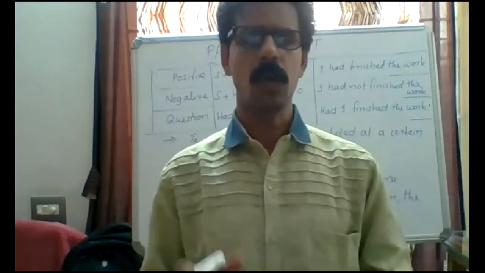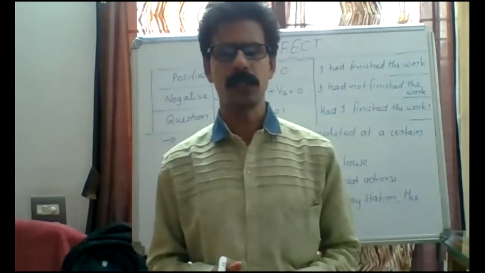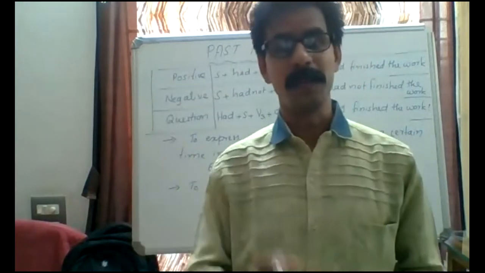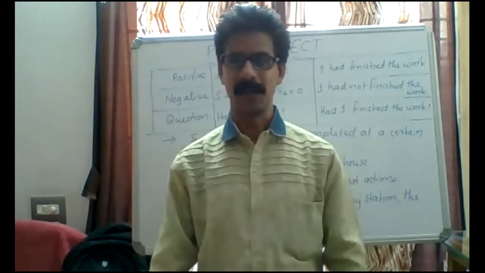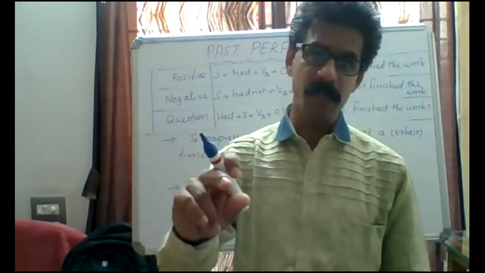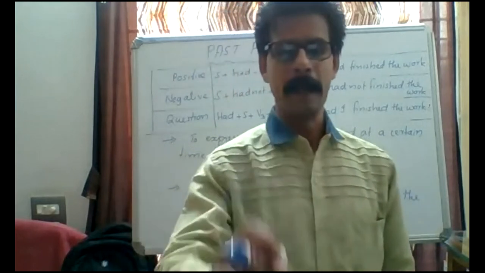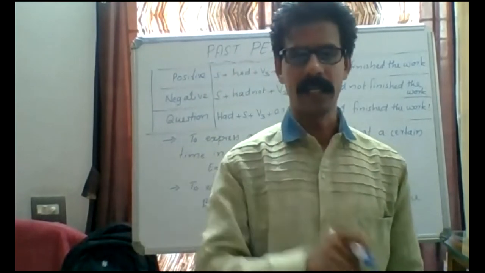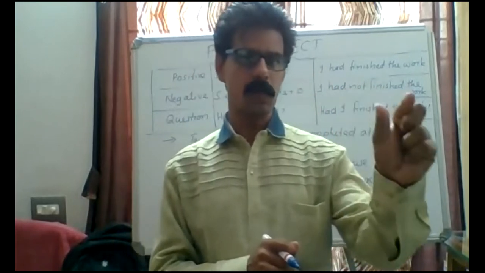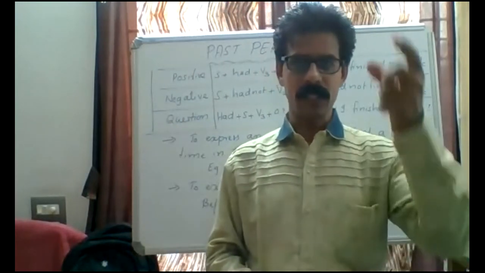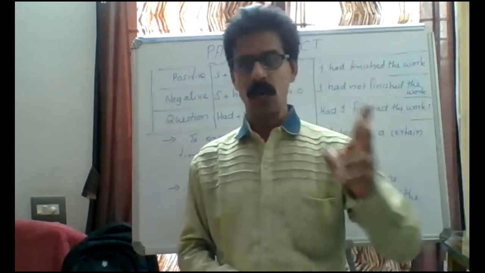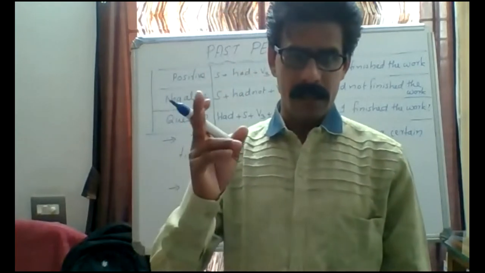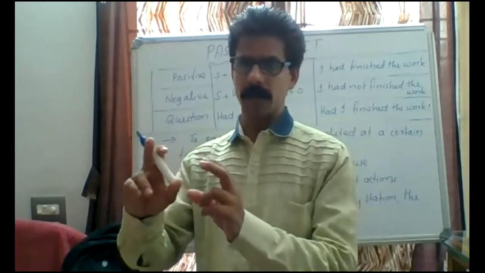Past perfect is most commonly used whenever we express two actions that already took place in the past and one action is earlier than the other; we must use the past perfect for the first action. Everybody understood the use of the past perfect without any doubt. So when to use the simple past and when to use the past perfect? When two actions happened in the past, the first action is expressed in the past perfect, that is had plus past participle, and the second action is in the simple past.